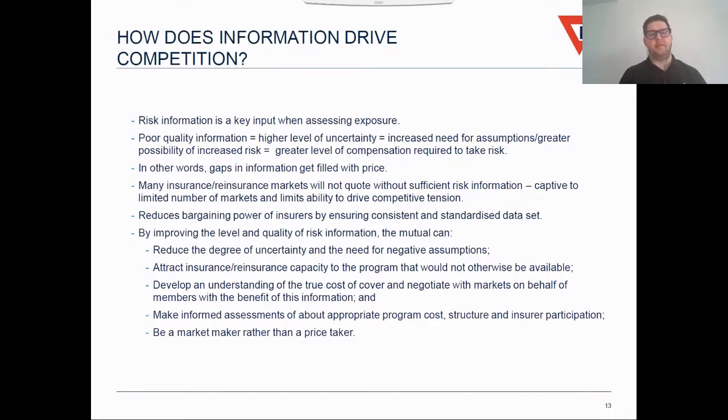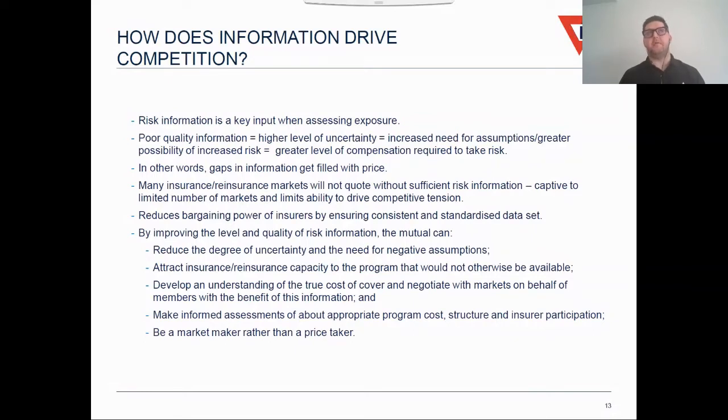From the competitive side of things, without this information, so not only is it a case that gaps in information are going to result in increased assumptions and an increase in cost, it may also be the case that insurance or reinsurance markets, so for those unfamiliar, reinsurance is essentially where insurers transfer their risk to other financial or insurance institutions, need sufficient risk information or some degree of understanding as to the credibility of the numbers that are being put in front of them.